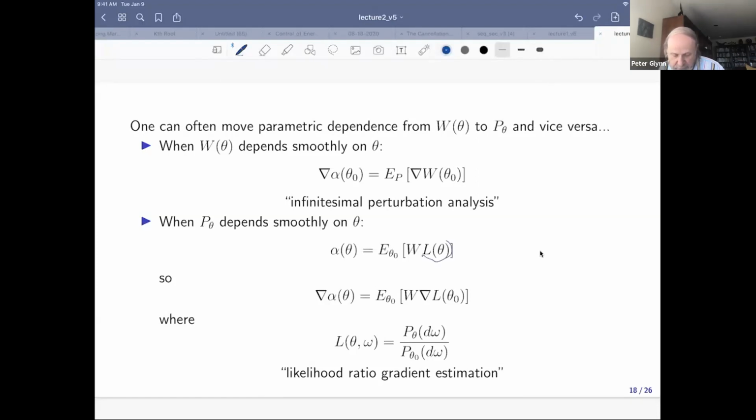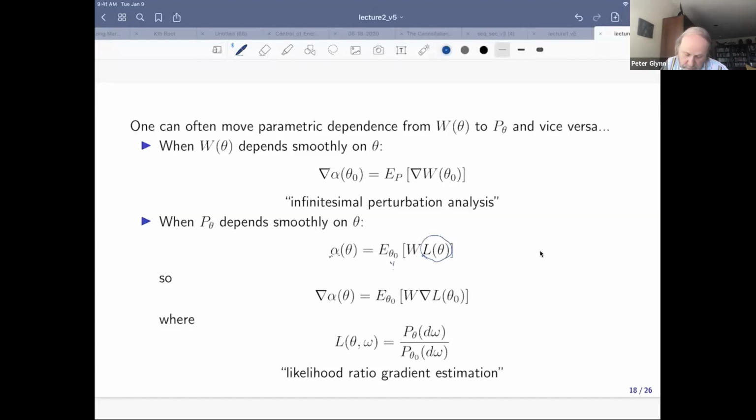In that case, we would apply the importance sampling idea that we discussed earlier to represent the P theta distribution in terms of the Q distribution. Q distribution in this context would be the P distribution sitting at parameter point theta naught. So now we have a representation of alpha theta in terms of the expected value at parameter point theta naught.